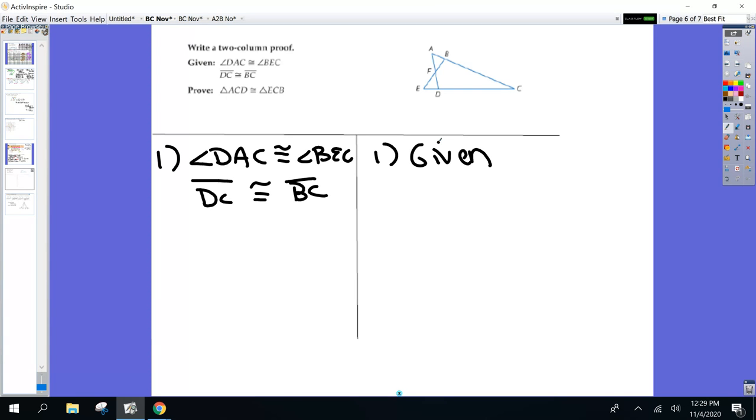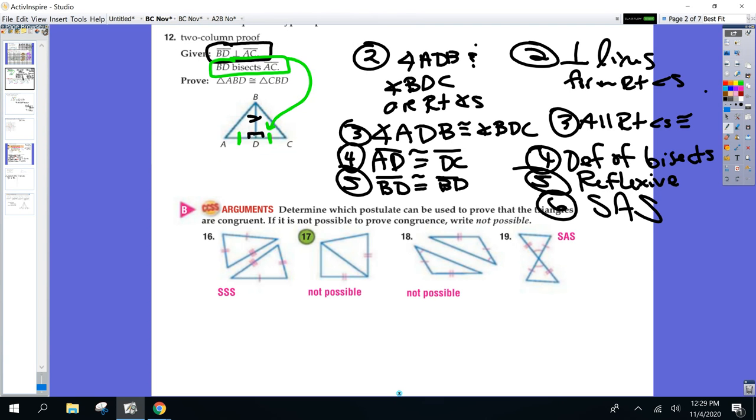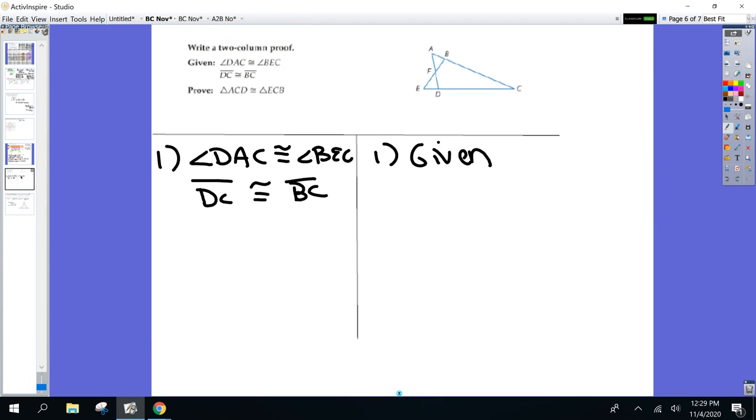Anytime I ask you guys to do a proof, let me throw one up here that we've done before. The triangles have been separated. Nothing has overlapped before. Any of the triangles I've asked you to prove in class or on homework have always been kind of separate, never overlapping. Here's the first overlapping. If they are overlapping, I'm not going to suggest, I'm going to ask you guys to do the following. Highlight both triangles in different colors.